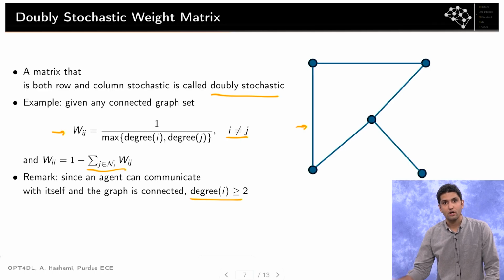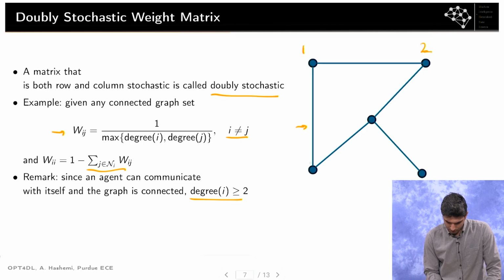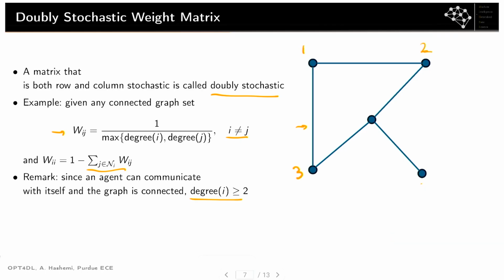Let's say I name these agents 1, 2, 3, 4, and 5. W13 will be exactly equal to W31 because I'm going to assume that it's an undirected graph. This is an off-diagonal entry that I have to determine.